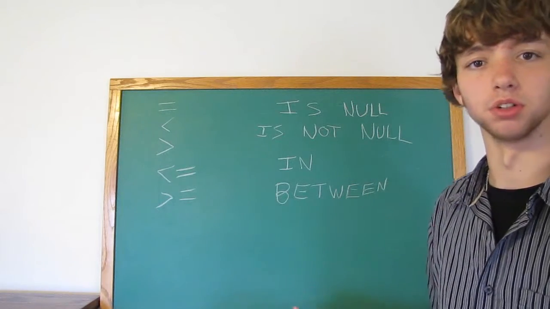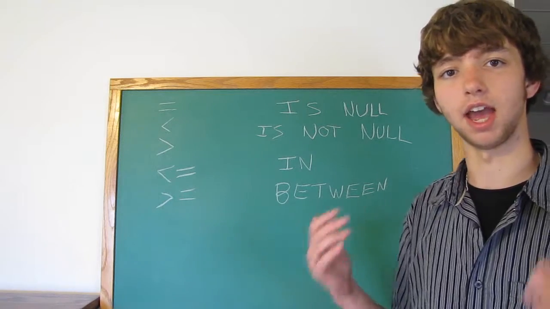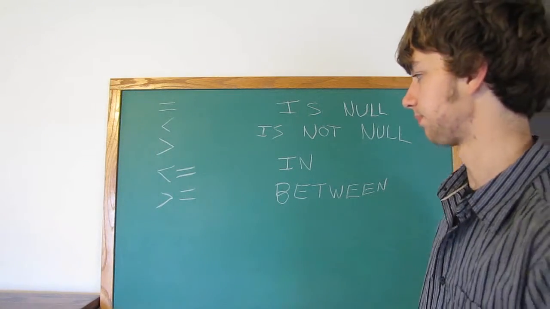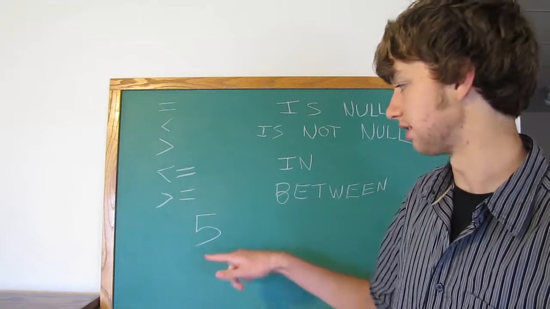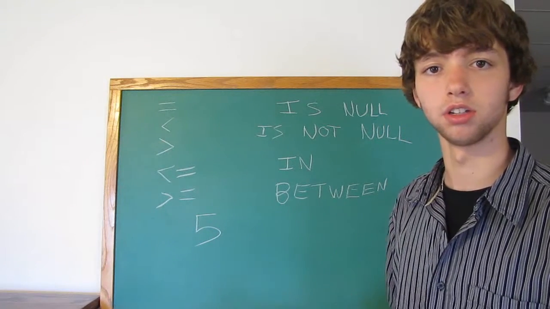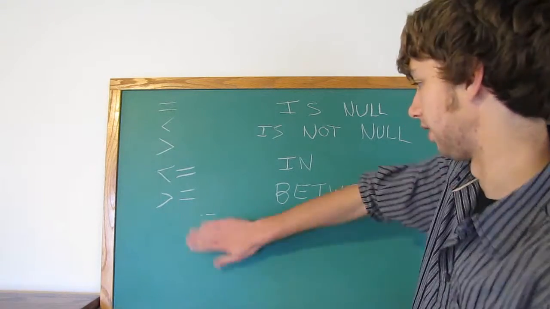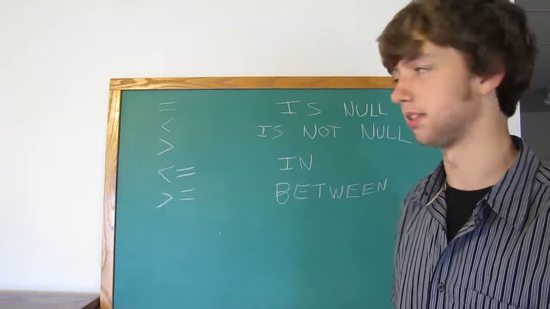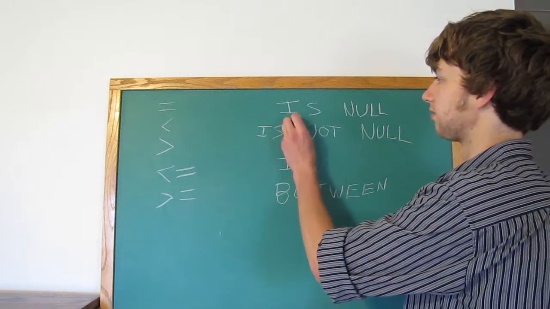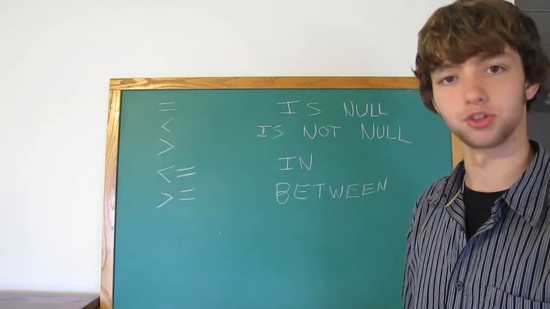So here we have some more of these, and the very first one is null. Basically this is asking if it has a value. So if something in a database is 5, that is not null because it has a value. If it was nothing, then it would be null. So that's what null means. If you're asking if something is null, you're asking if it's empty or has no entry at all.